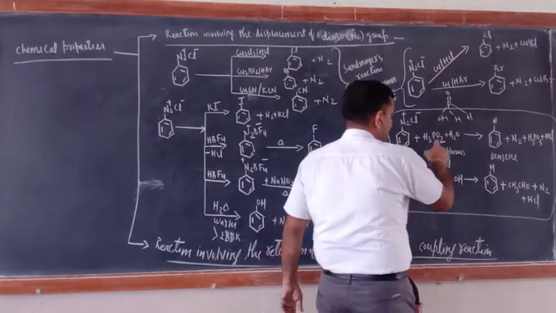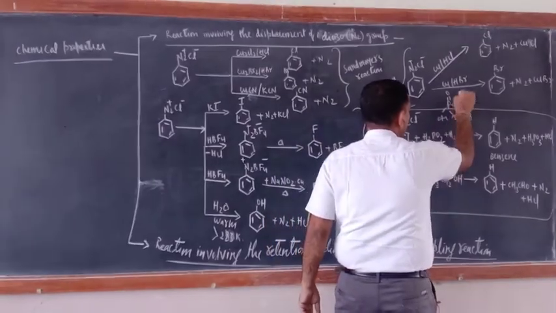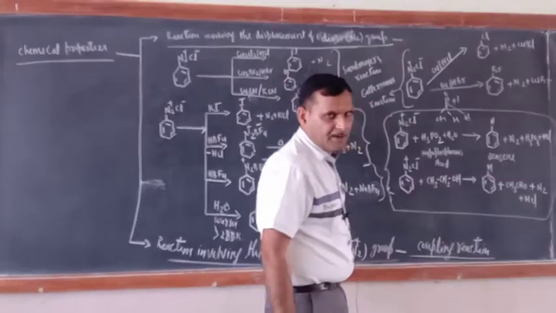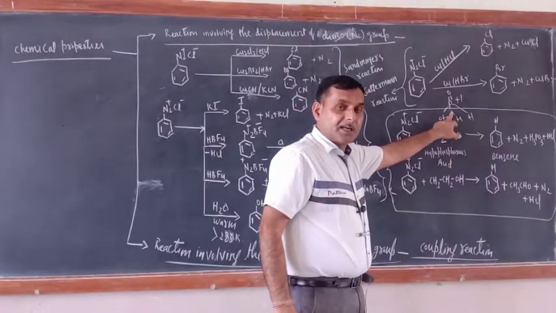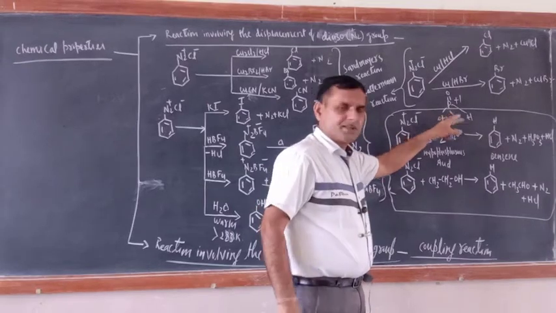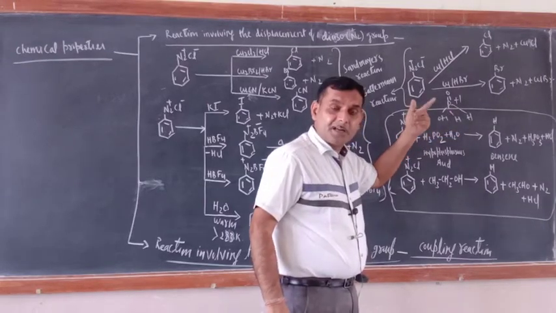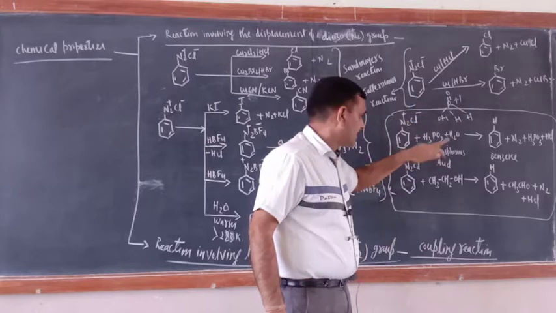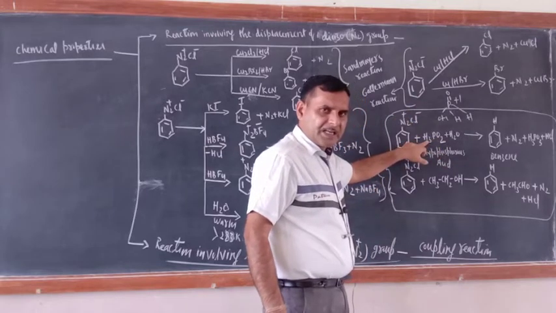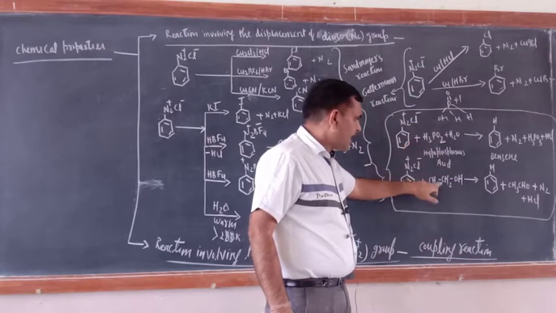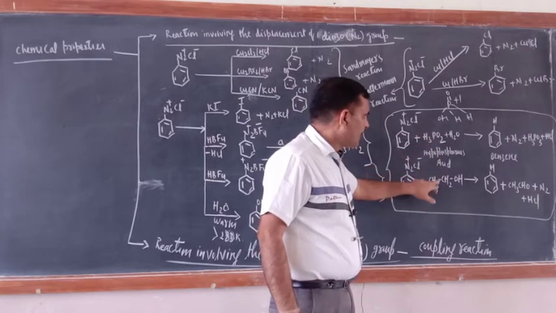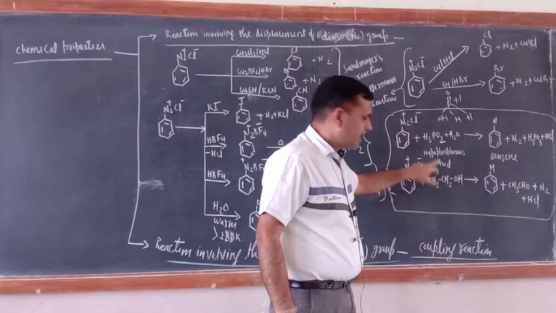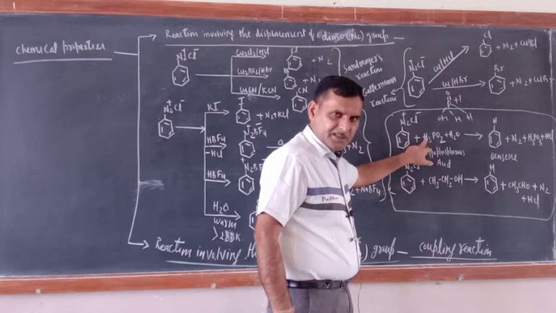What is the oxidation state of this one? The oxidation state of phosphorus is +1. Now here two P-H bonds are there, and the greater the number of P-H bonds, the greater the reducing strength. So if you take hypophosphorus acid or ethyl alcohol, both are reducing agents.